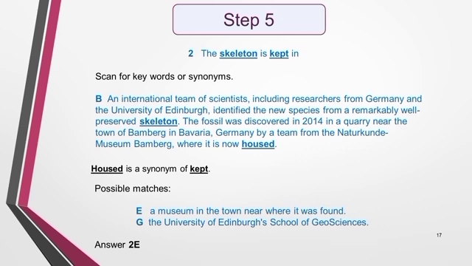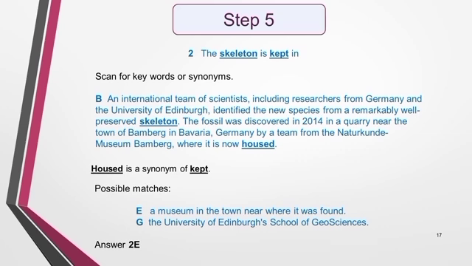I'm confident that I have the location of the answer, so go back to the list of sentence endings and reread the ones I've selected as possible answers. They are E, a museum in the town near where it was found, and G, the University of Edinburgh School of Geosciences.